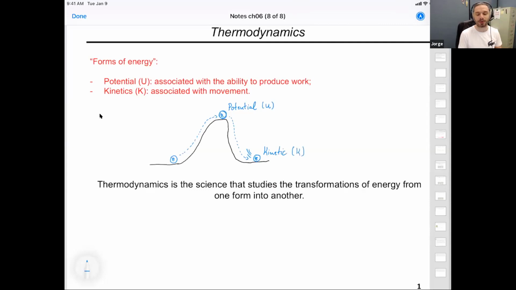And then the symbol here is K. Okay, so potential energy can be transformed into kinetic energy and vice versa. Potential energy is always the energy that, if the system is disturbed, is going to be transformed into kinetic energy.